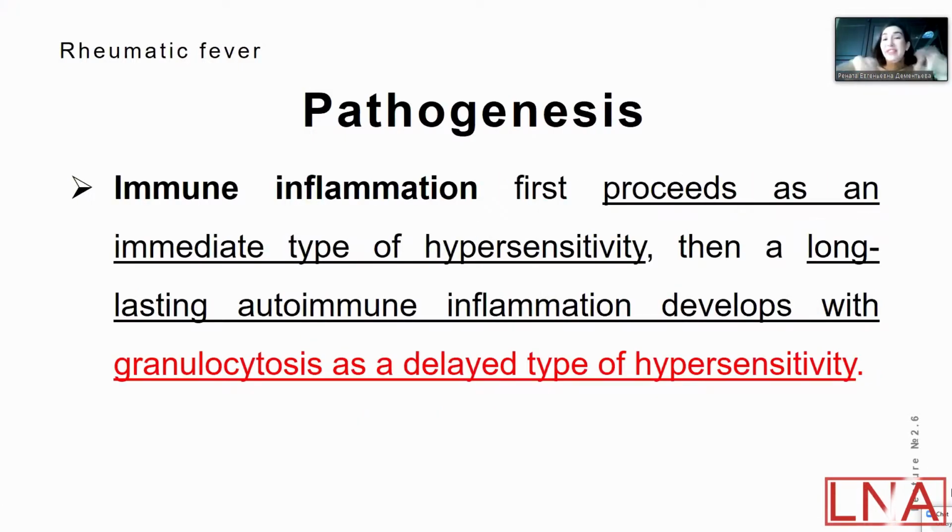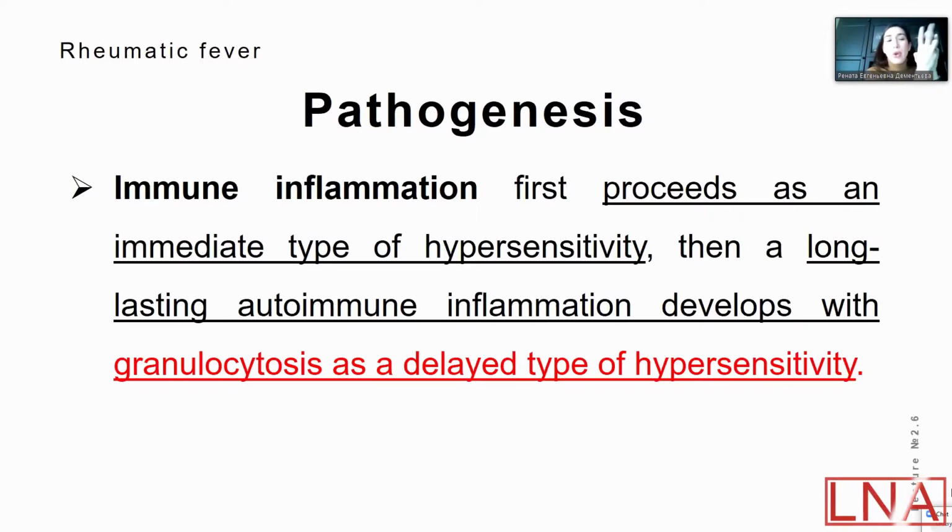After fixation of circulating autoimmune complexes, autoimmune inflammation continues, first proceeding as an immediate type of hypersensitivity, then a long-lasting autoimmune inflammation develops with granulocytosis as a delayed type of hypersensitivity. So two types.